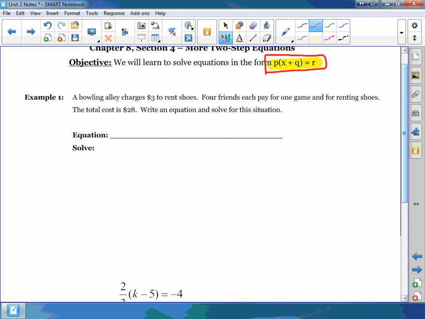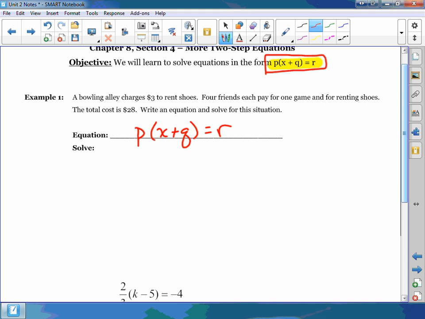In this format, this P times the quantity X plus Q equals R, this quantity in the parentheses, X plus Q, is going to be multiplied by this constant outside, this P value. Well, if I read that critically, I would think that the number outside the parentheses is the number of times that I need to multiply this quantity.